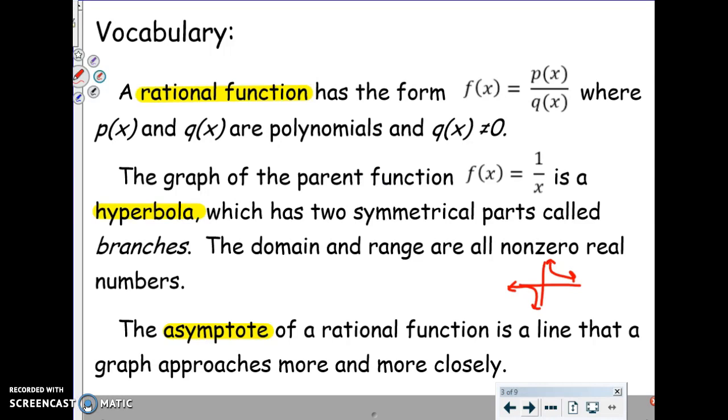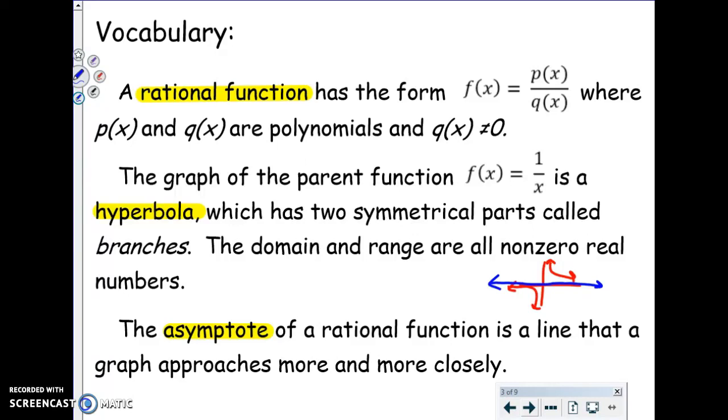Next, we have a word that you may or may not have heard before. It's the asymptote, and that is the part of the function that the graph does not go through. In our parent function, you can see that the branches get really close to y equals 0 on both sides, because it gets really close to the x-axis.